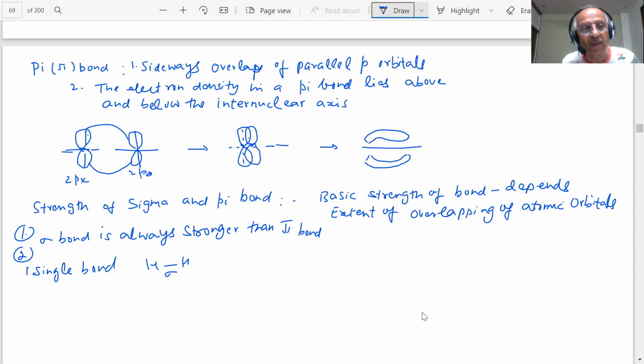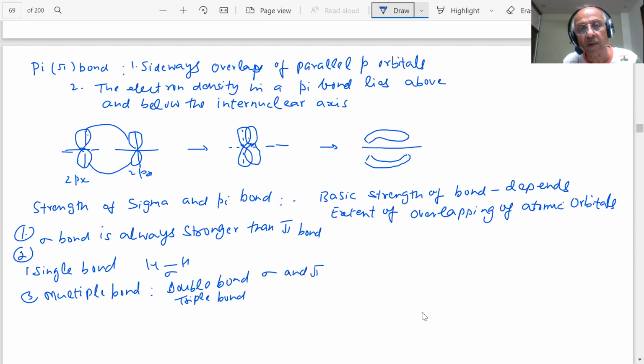But when you have multiple bonds, double bond or triple bond, then they will have both sigma and pi bonds present.